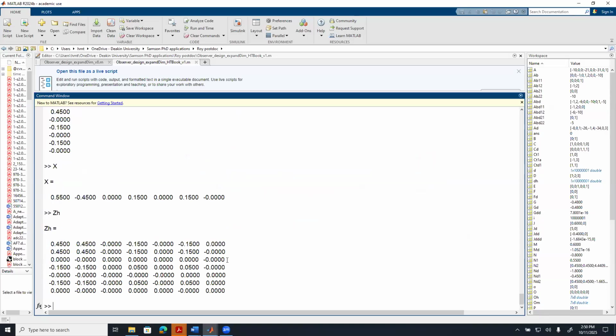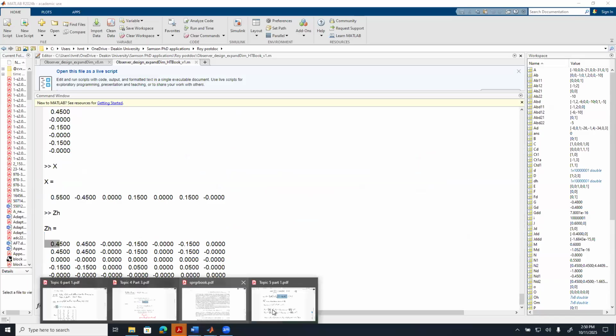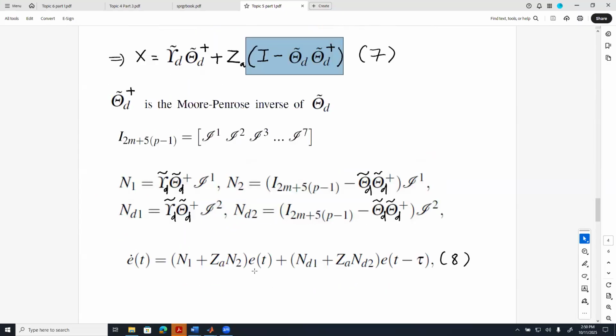That came from ZH. So when you look at the first column of this matrix, that is the matrix N2, and the second column of that is called ND2.